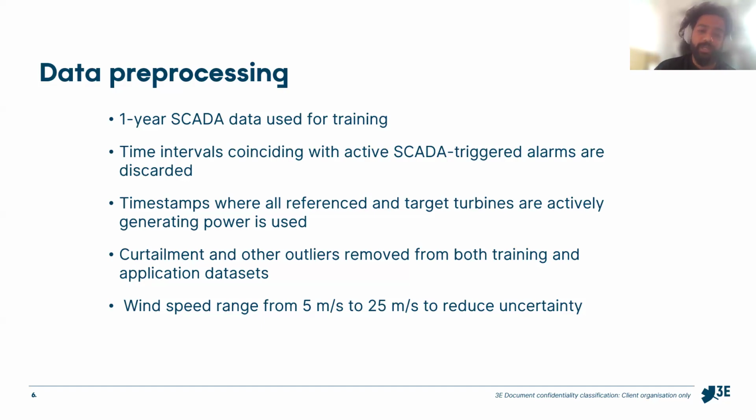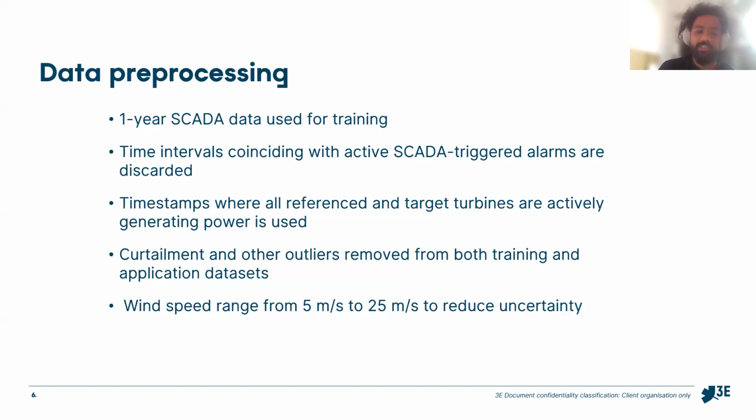We remove all those data points so that it also takes into account some kind of wake effects. And we use only wind speed ranges between 5 and 25 meters per second to reduce some uncertainty, because at low wind speeds the anemometer might not work the best.